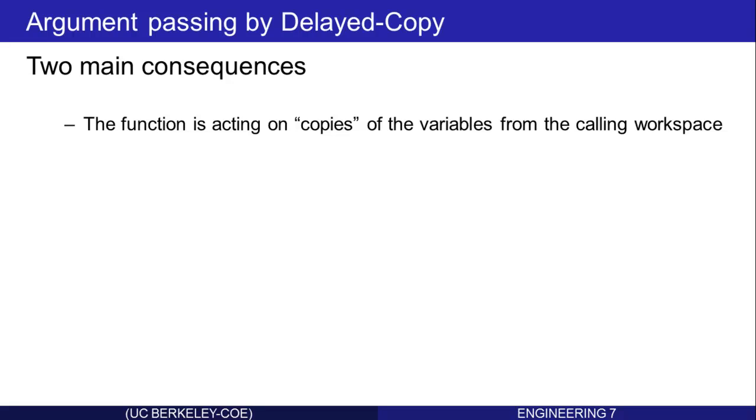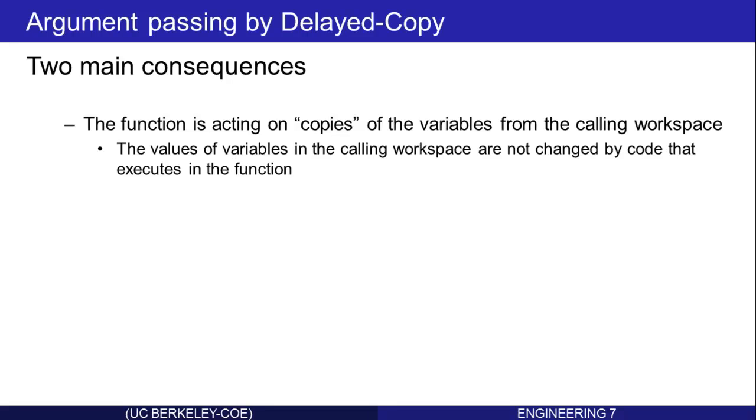There are two main consequences to argument passing by delayed copy, and we should go over those in a summary. First, the function is acting on copies of the variables from the calling workspace. Therefore, the values of variables in the calling workspace are never changed by the code that executes in the function. The function is acting on copies of those variables, not the variables themselves.